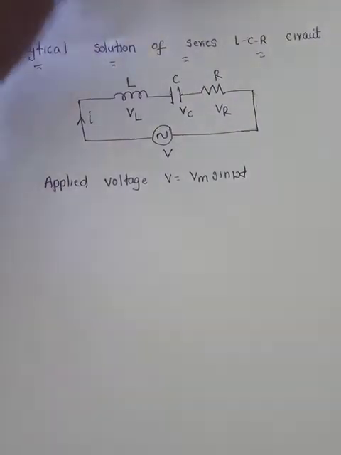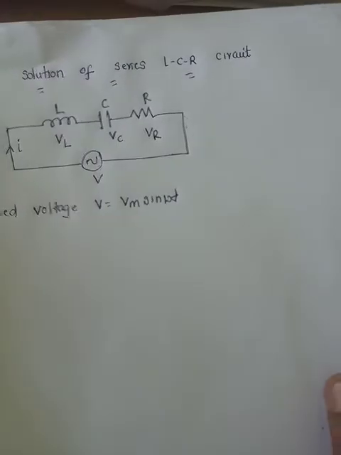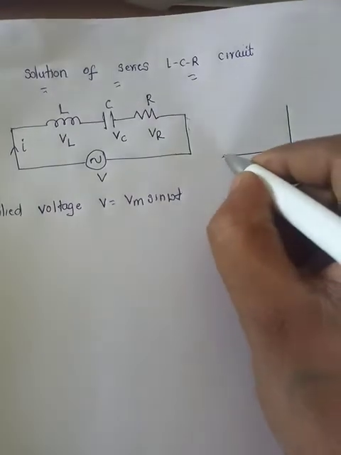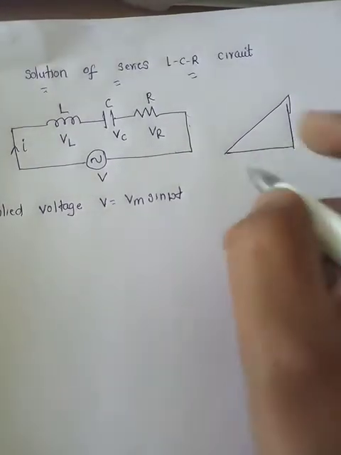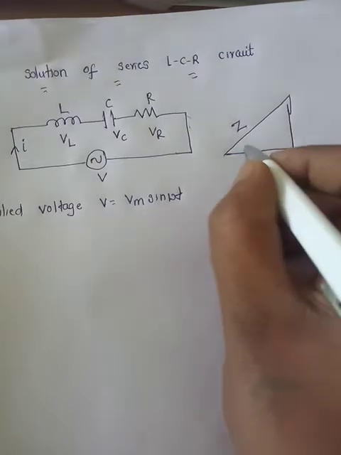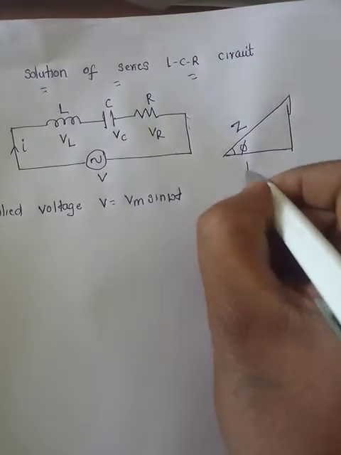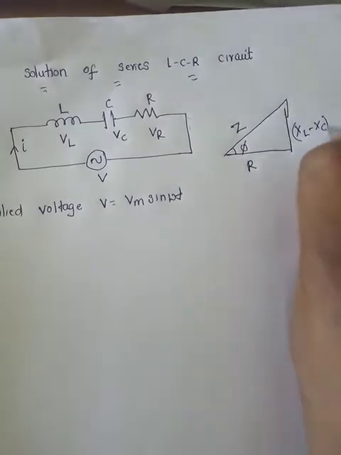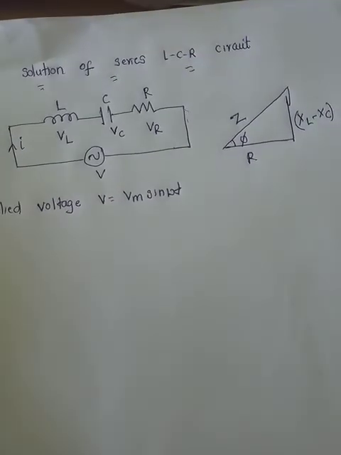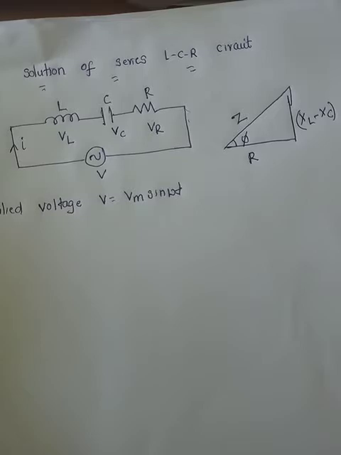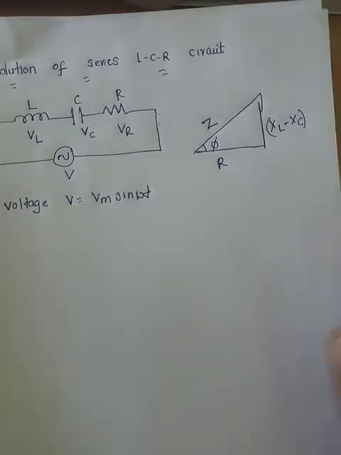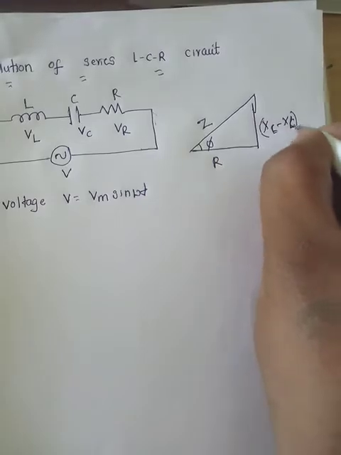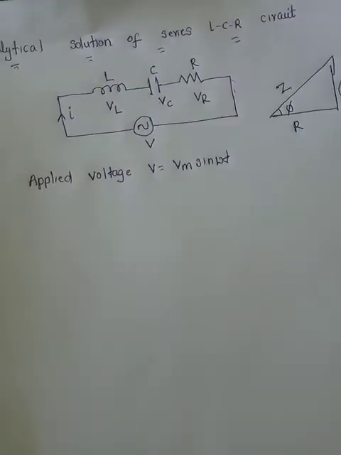For the graphical representation, as discussed in the last class, the resultant impedance is drawn here: Z, this is phi, R, and this is XL minus XC if XL is greater than XC, or XC minus XL. We can take anything. For example, in this condition I consider XC greater than XL, so XC minus XL.